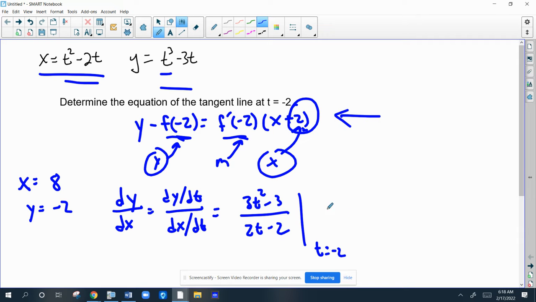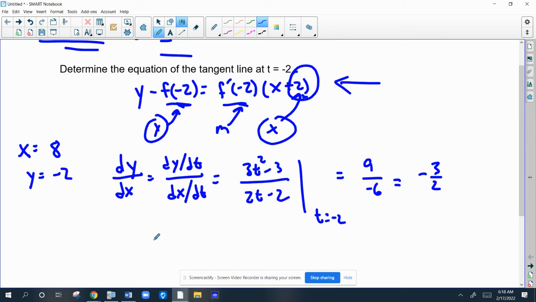So when you plug -2 into this derivative, you will get 3 times 4 is 12 minus 3 is 9. And 2 times a -2 is -4 minus 2 is a -6. Or just -3 halves.